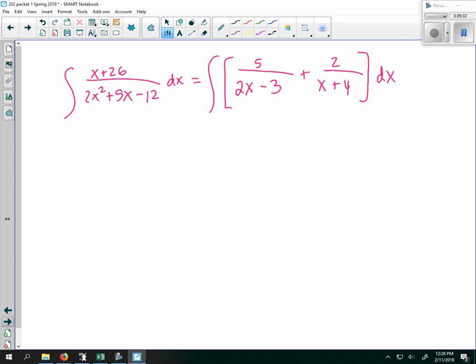Now this I can break into two integrals. This becomes 5 times the integral of 1 over 2x minus 3 dx plus 2, oops, it's negative 2. Negative 2 times the integral of 1 over x plus 4 dx.